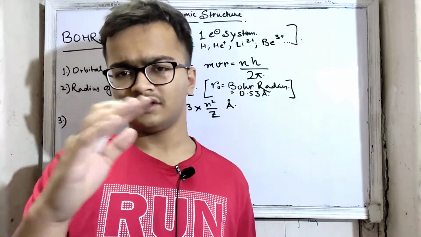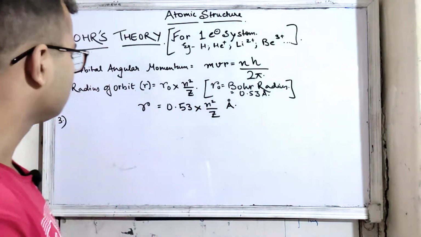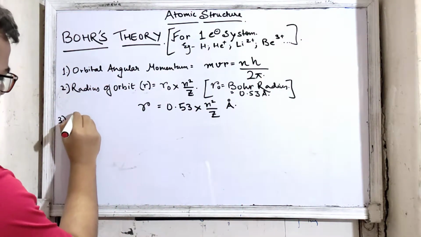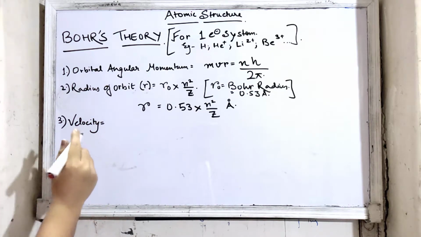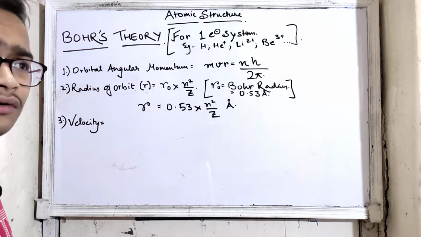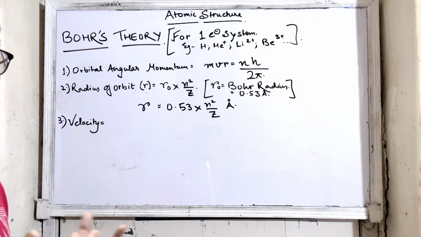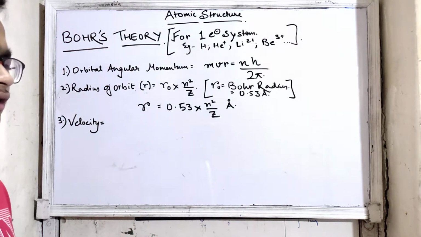Now the third thing which comes in this category is the velocity with which the electron is rotating in the orbit. So give the heading velocity. The formula for velocity was given by Bohr by performing various derivations. I told you that he was a great mathematician.